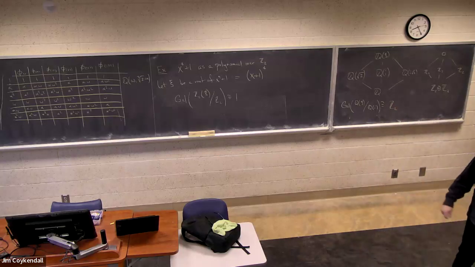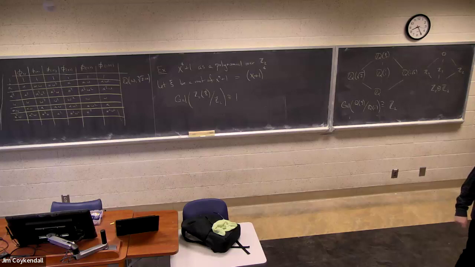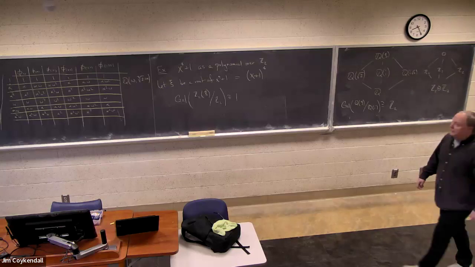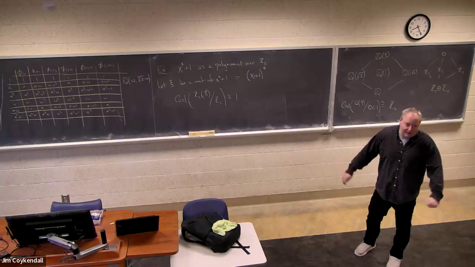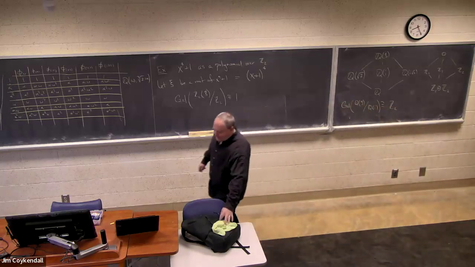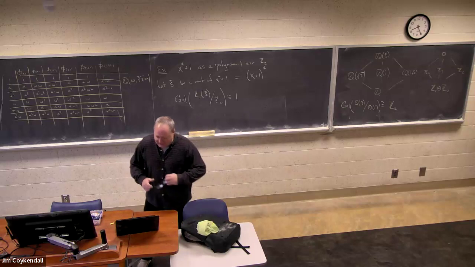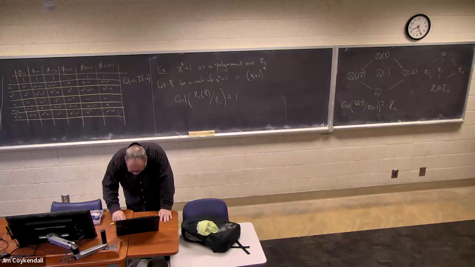So it's a bit of a trick question, wasn't it? When you take Z2 and join 1, it was already there, right? So this is just the Galois group of Z2 over Z2. It's the automorphisms of Z2 that fix Z2. There's only 1, right? Okay, any questions on that?